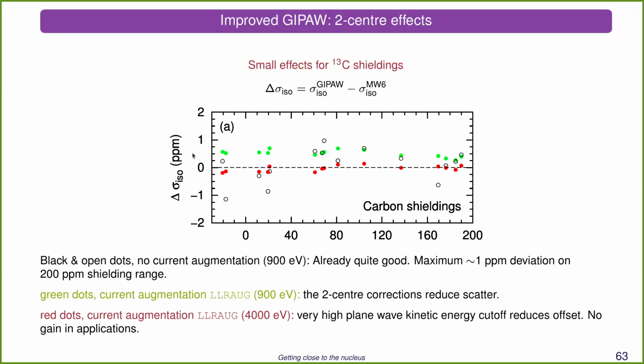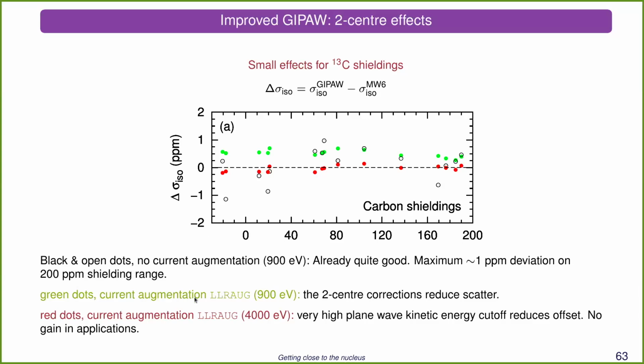Then, without any funny corrections, just a simple one center approximation, you get these black open circles. That is already pretty good. It's a 1 to 2 ppm scatter on 200 ppm.